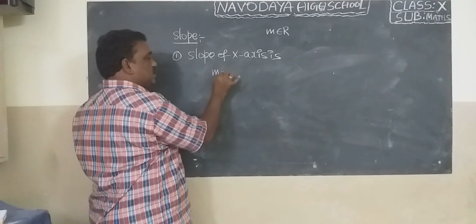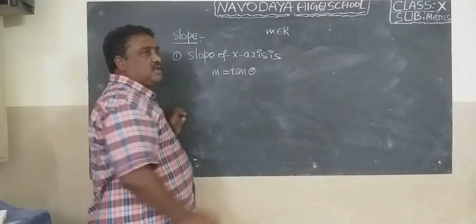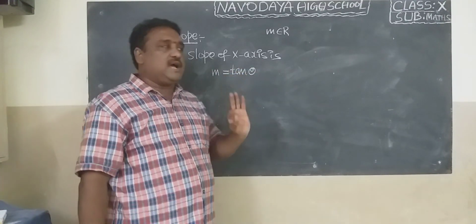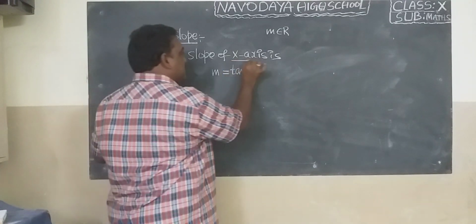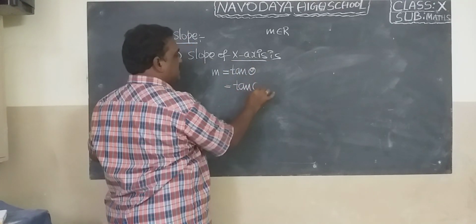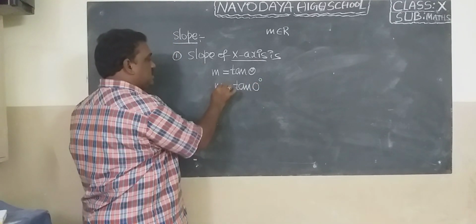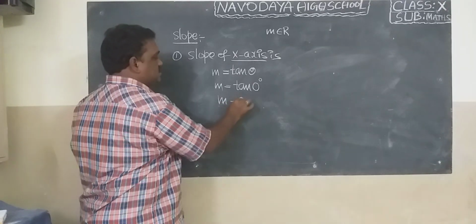What is slope? m equal to tan theta. The x-axis means a horizontal line. A horizontal line makes an angle 0, you know. m equal to tan 0, m equal to 0.